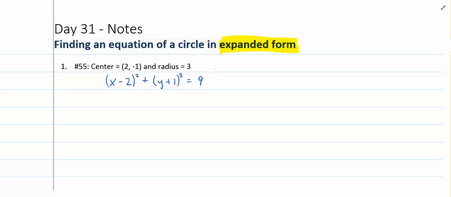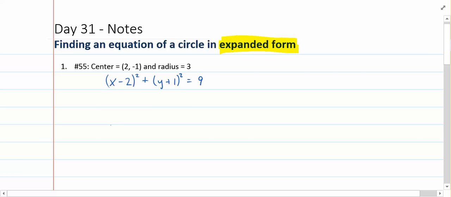Sometimes we're presented with an equation of a circle in what's known as expanded form. So let's show what that would look like. Basically, all we have to do is calculate the results here and expand the binomials (x - 2) and (y + 1).